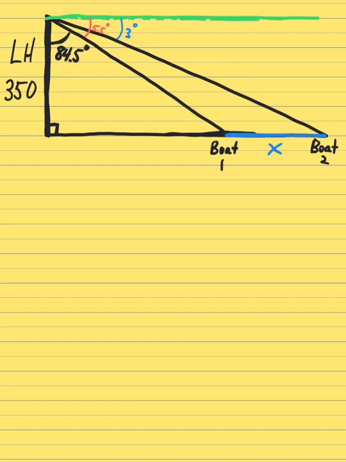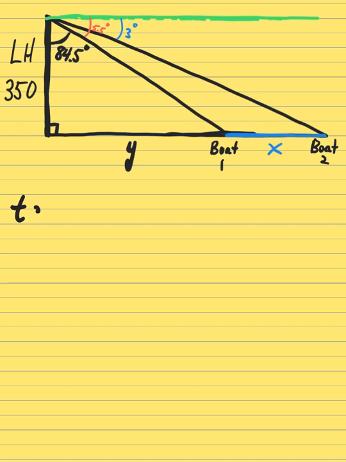Let's use that information to find this length. Okay, so from 84.5, y is opposite, 350 is adjacent.